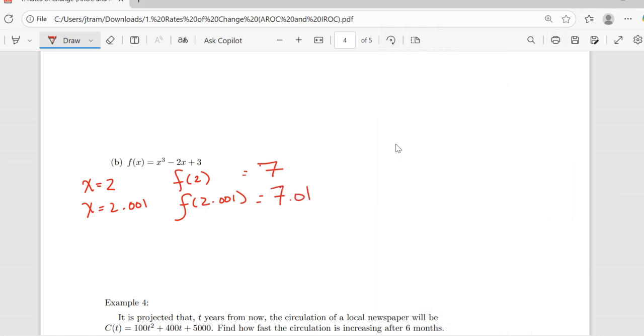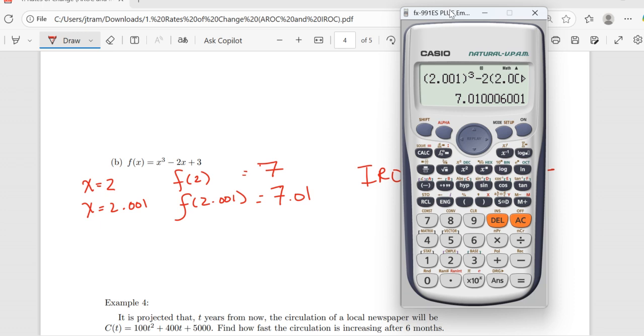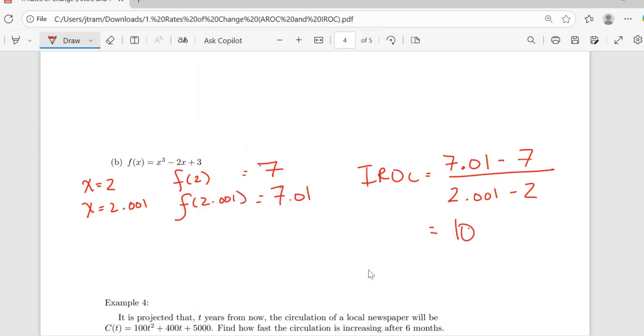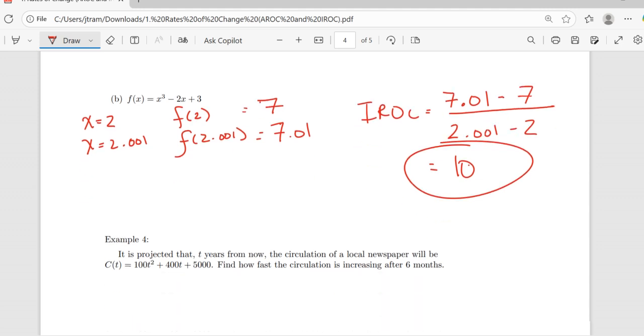So there's our y2, y1. So our instantaneous rate of change is 7.01 minus 7 over 2.001 minus 2, which gives us 10. So therefore our average rate of change is, there's no units here, so 10 y units per x unit. And that's how you find the instantaneous rate of change.